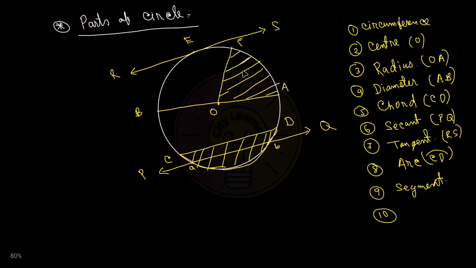If we draw another radius, OA and OF, this area is called a sector. The area between two radii is called a sector. And the angle between two radii is called the central angle, theta.